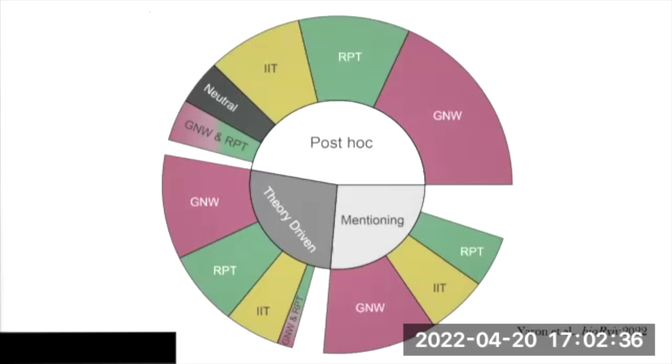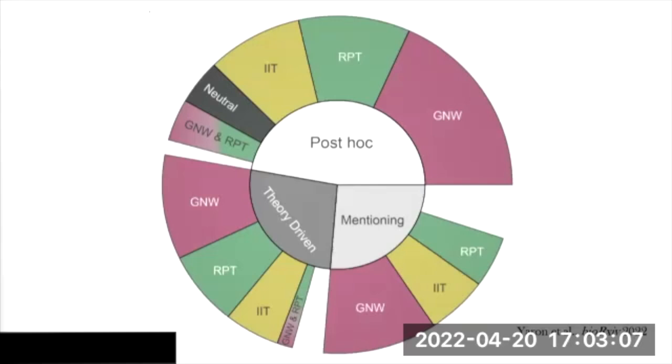So this figure shows the distribution of experiments that did not challenge any theory, divided into theory-driven, so explicitly testing one prediction of at least one theory, the dark gray inner circle; mentioning, which just mentions some theory in the introduction; and then post hoc, which is the bulk of research that even mentions theories of consciousness in the field right now. In this research, they interpret their results in light of at least one theory without referring to it in the introduction. So it's conducting the experiment and then saying, where does this fit into theories?